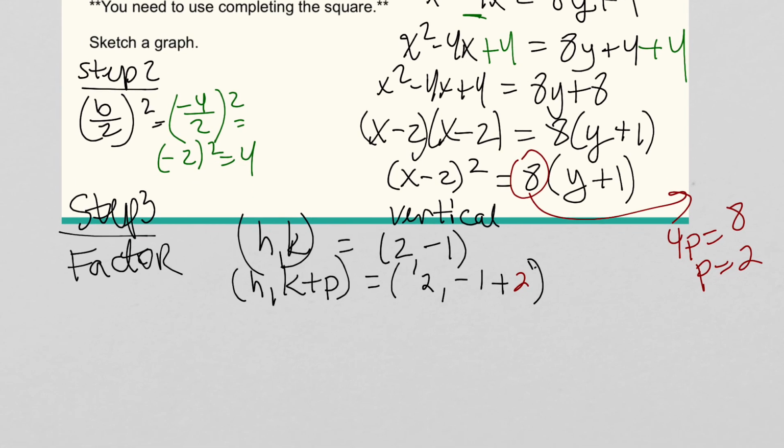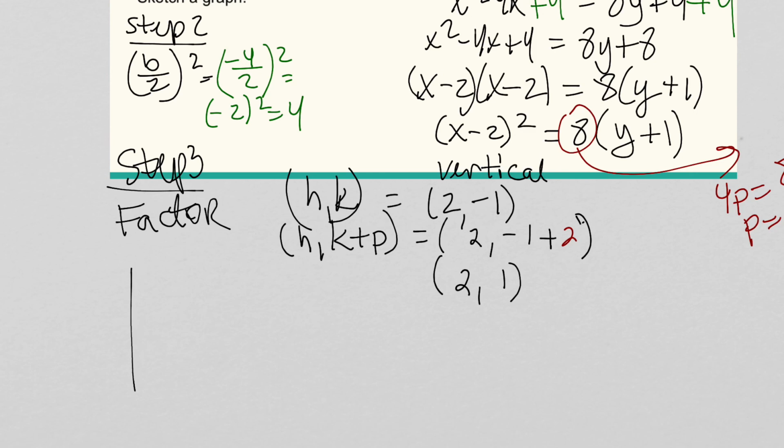Okay, so my focus is 2 comma 1. If I was to do a quick sketch of this, 2, -1 is my vertex. 2 comma 1 is up here, my focus. It's a happy parabola vertically going up.